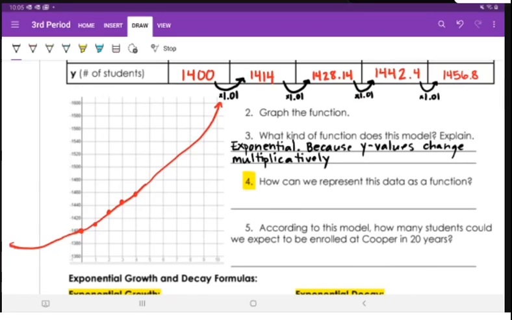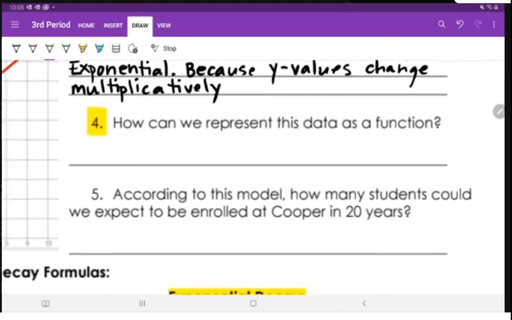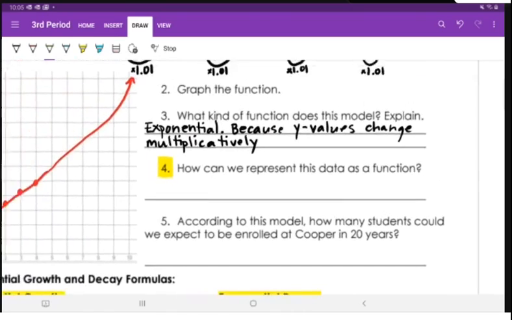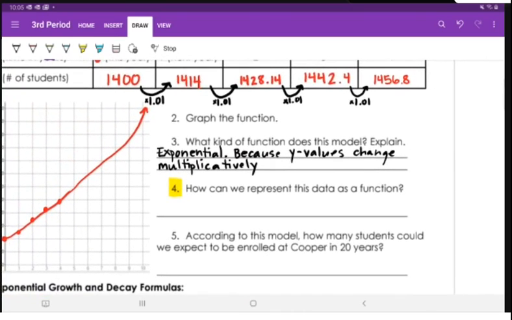What I'm about to write down, you do not need to include in your notes. So I'm going to write something, but then I'm going to erase it. Think about what we did to make our table. First, we started with the number 1,400. That was our starting number of students.